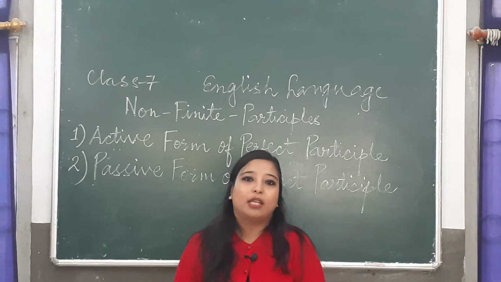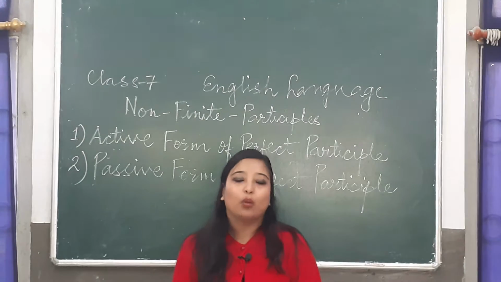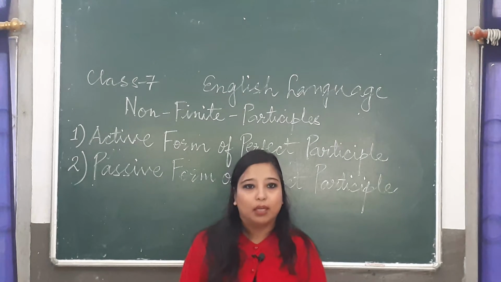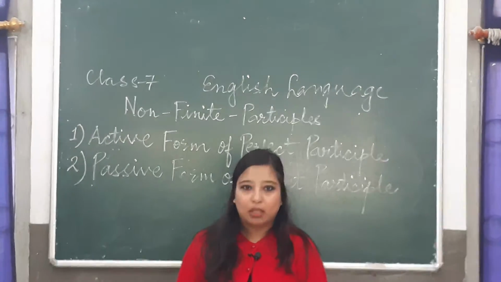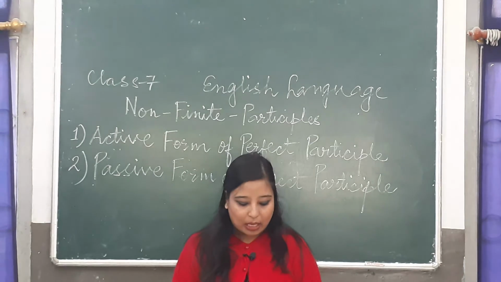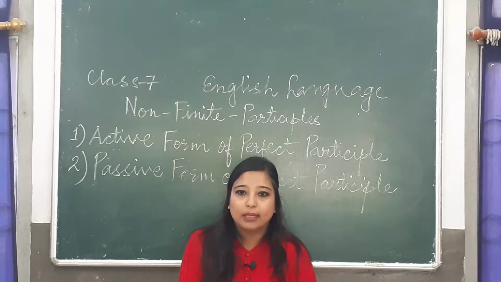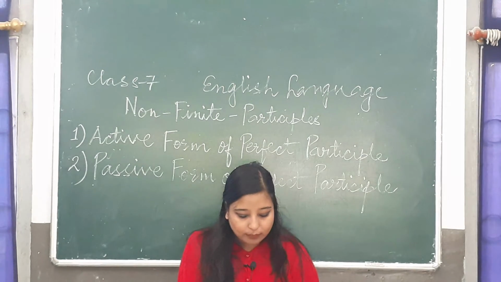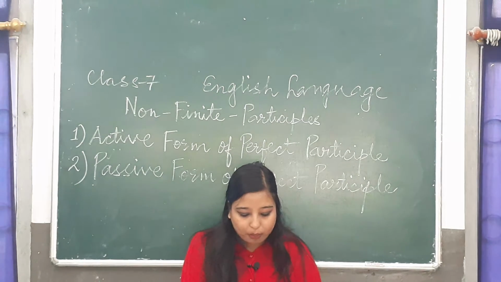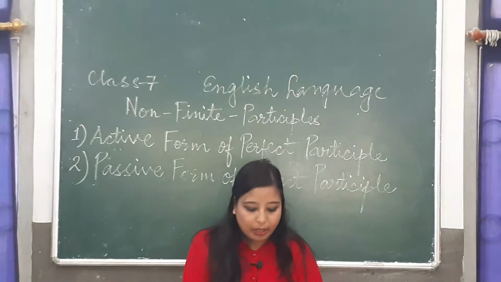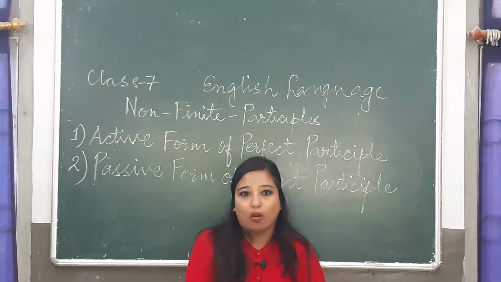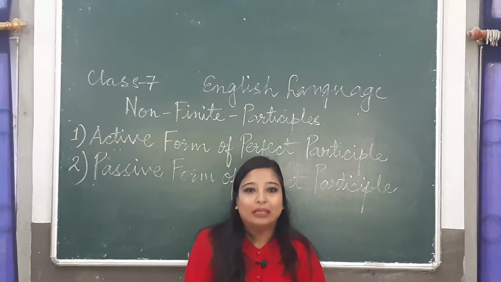Okay, so today also we will be continuing with the non-finite verbs, participles. In the previous class, I taught you about the present participle, isn't it? The present participle is formed by adding -ing to the base form of the verb, but it acts as an adjective.